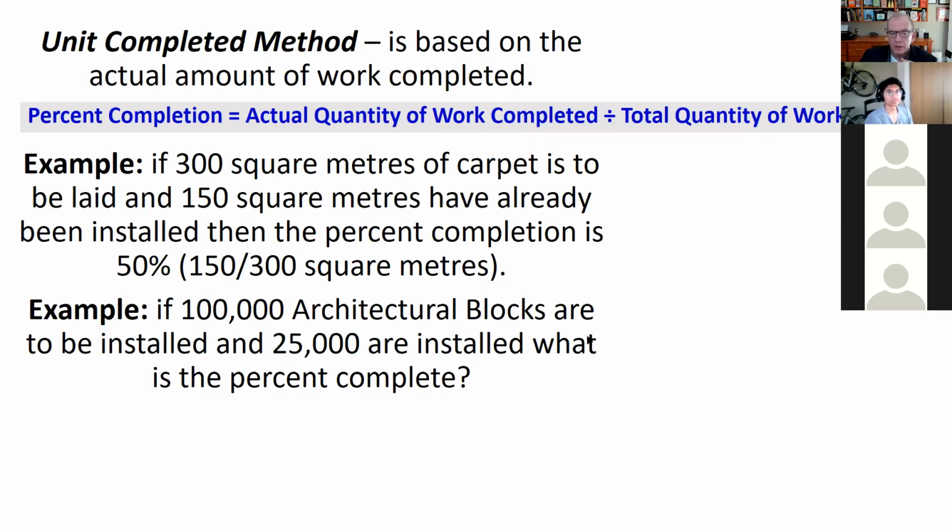So we can look at how many you're doing in a day, in an hour, and so on. But if we're doing units for measurement complete, then if we have 100,000 blocks and we've got 25,000 done, then we have 25% of the units laid. So that gives us a reasonably good indicator of the work completed, especially the physical work completed.